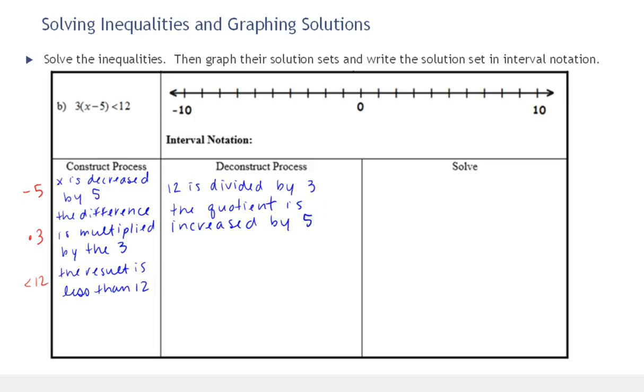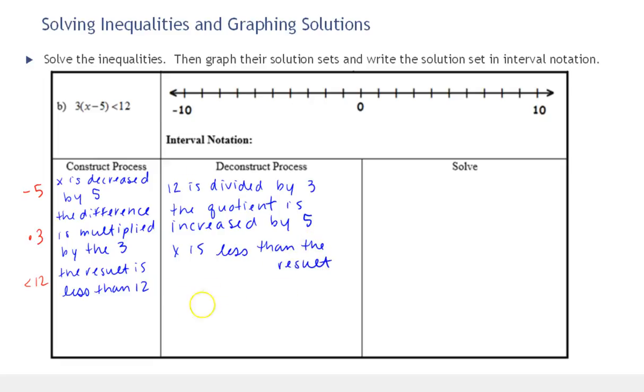And now this is where we're going to be careful because we have inequalities now. We're going to say x is, so always start with x. We didn't multiply or divide by a negative, so we're going to keep the less than. X is less than the result.